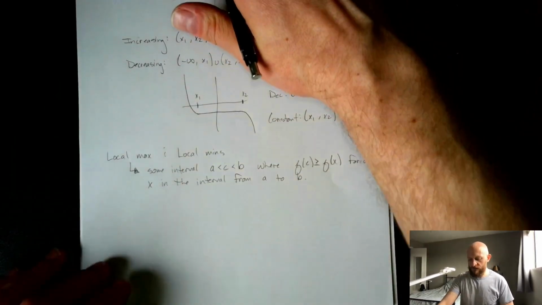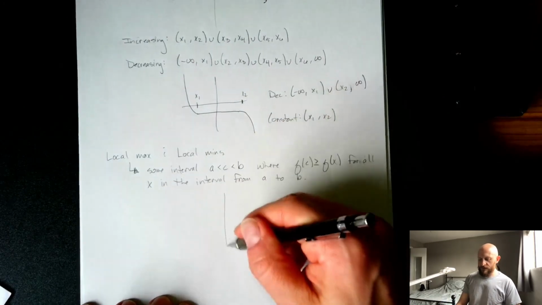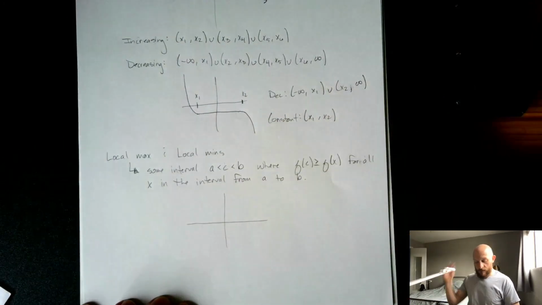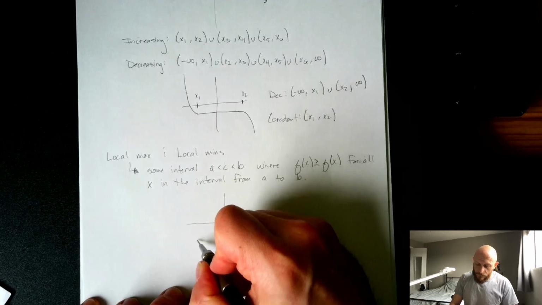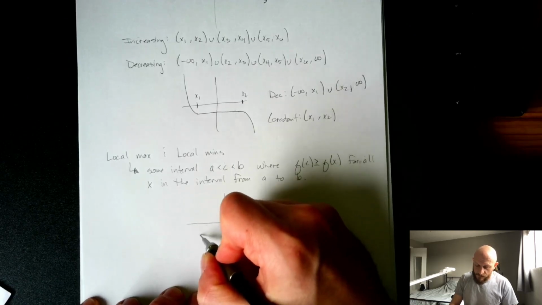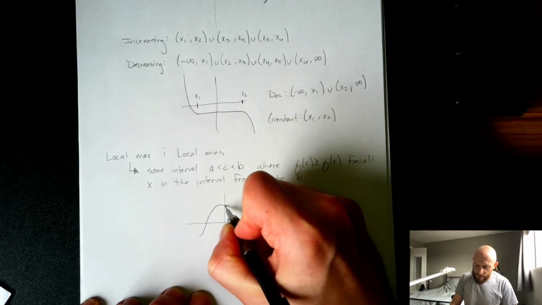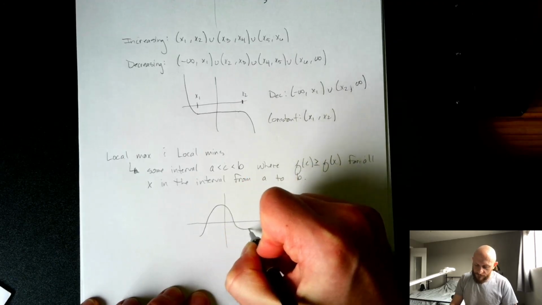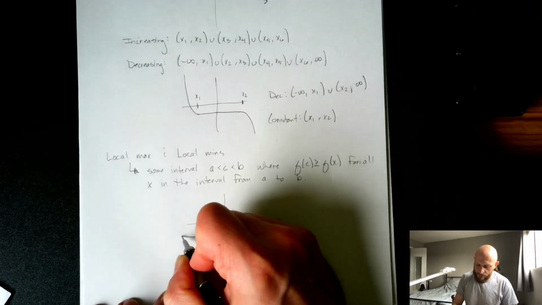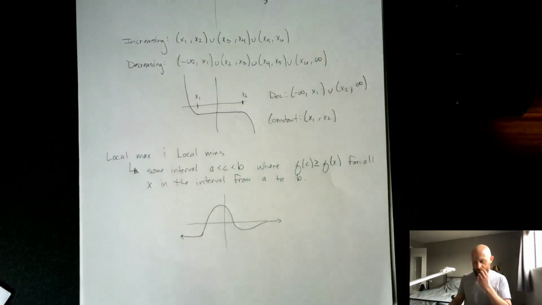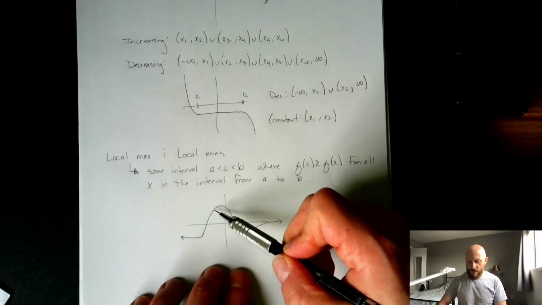So what does that look like in terms of a graph? Maybe it comes up like this, and then goes down like this, and then does something like that. So look at right here.